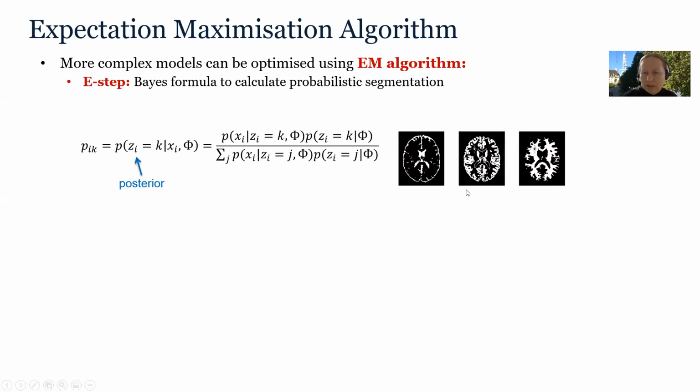That's a probability map for each class, and these probability maps are actually called posterior probabilities. These posterior probabilities are calculated using Bayes formula. If we apply Bayes formula, we obtain the likelihood that we already know, the prior that we already know, and this denominator is really just to normalize the posterior probabilities over all classes to sum up to 1.